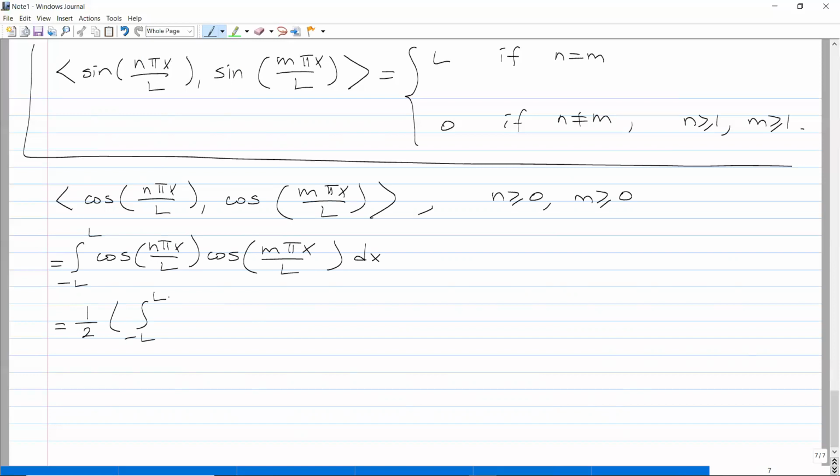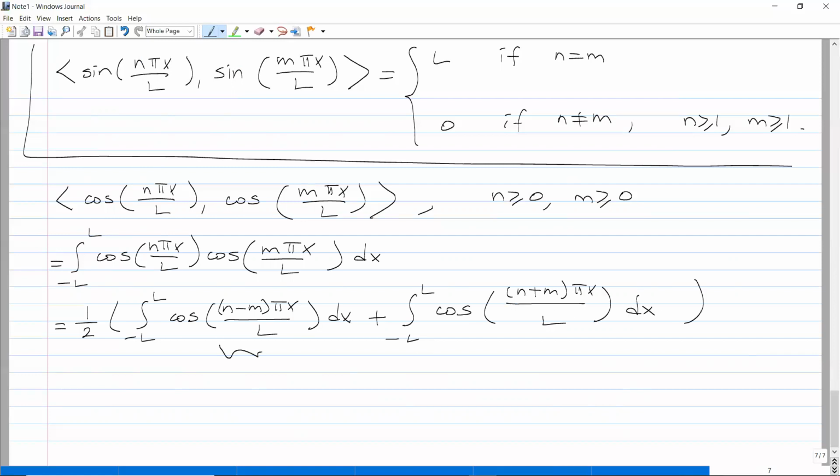Let's see, how do we write the cosine A times cosine B? Cosine of a minus b, so cosine of (n minus m) pi x over L, plus cosine of (n plus m) pi x over L.